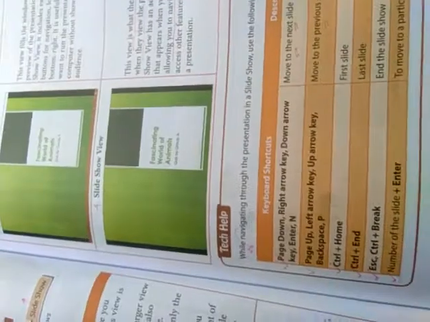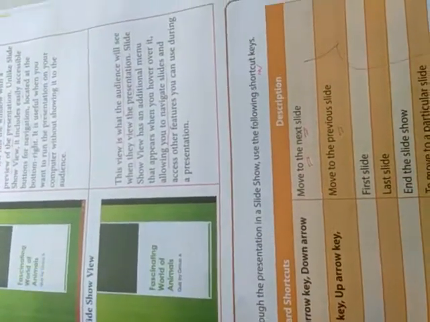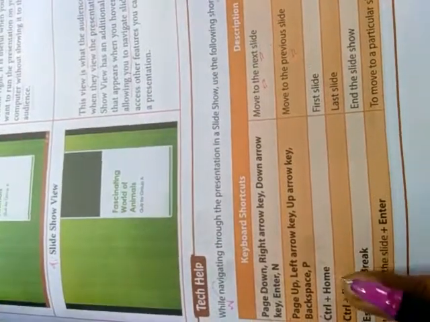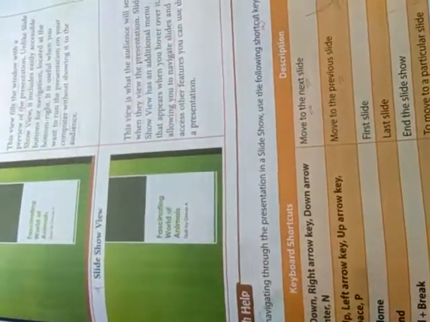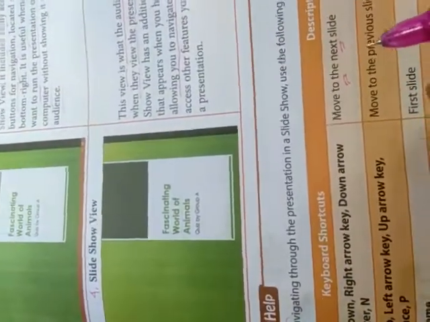Now the final topic of module 1 session discussion is we have to know about the different shortcut keys of PowerPoint presentation slide views. These are the different shortcut keys and these are the descriptions of the shortcut keys, in other words, the functions. Like to move to the next slide.